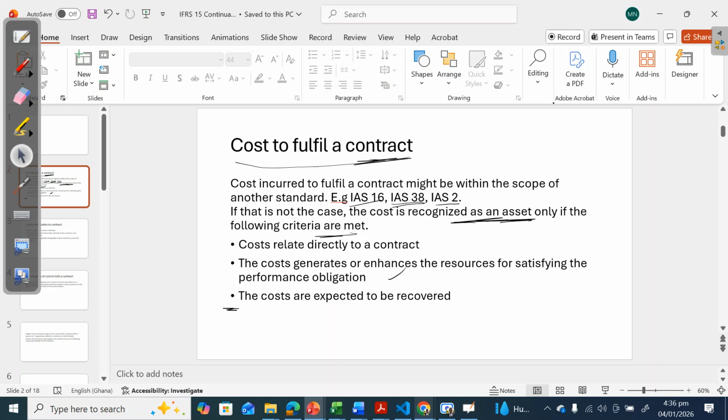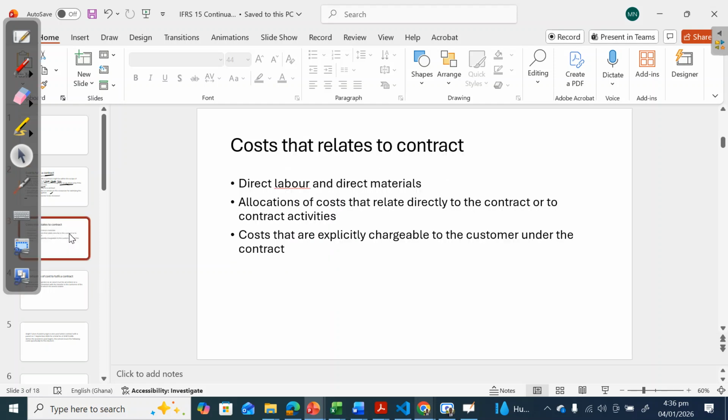So the standard says that if you incur a cost to fulfill a contract, that cost should be recognized as an asset. Examples of costs that relate to contracts are direct labor and direct materials.